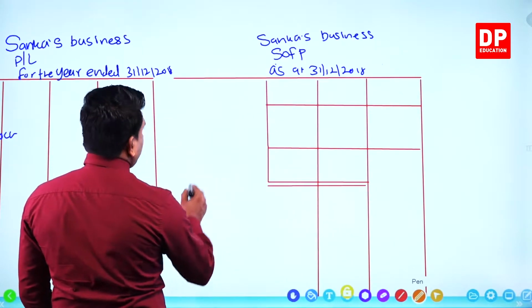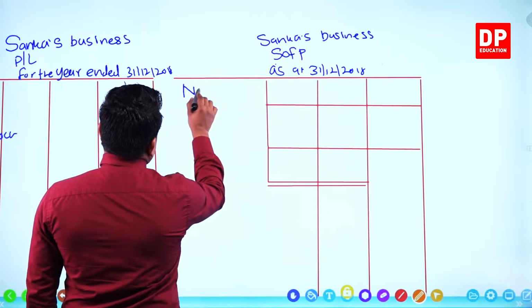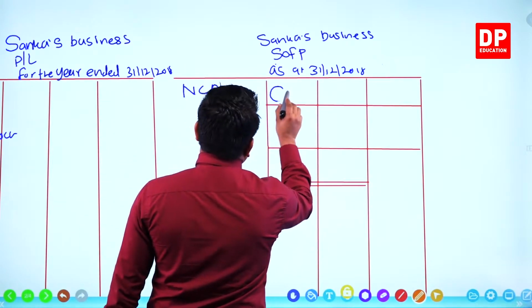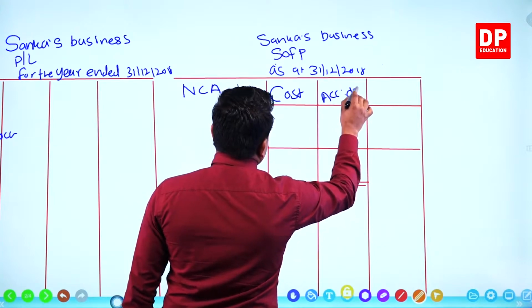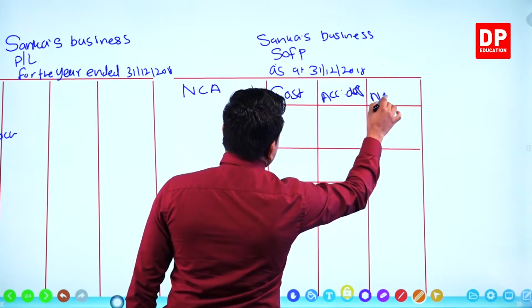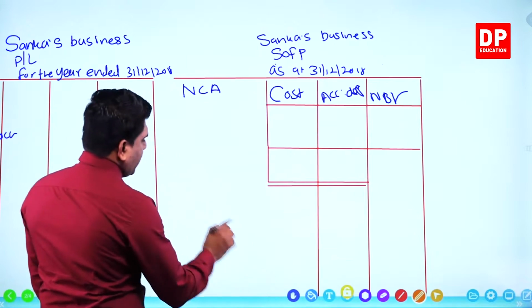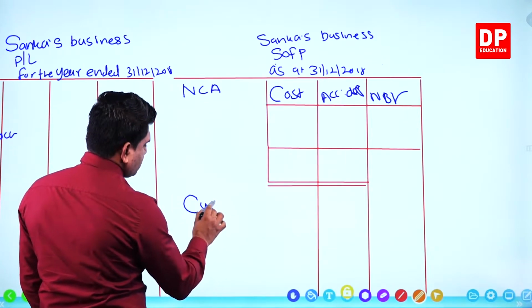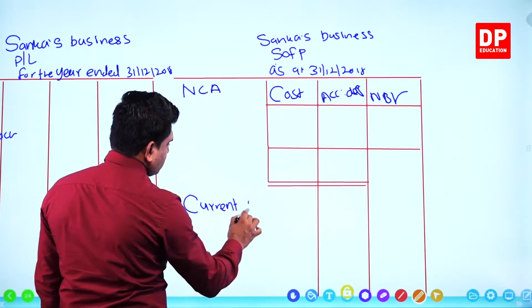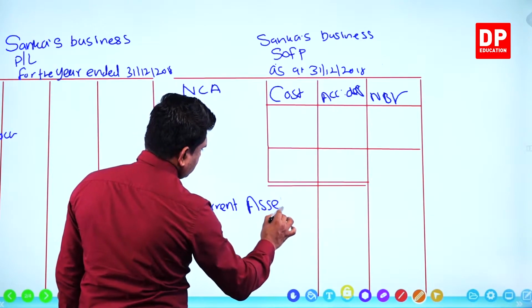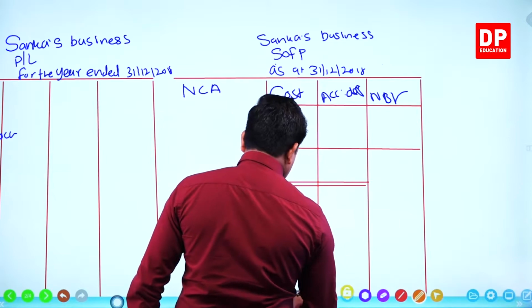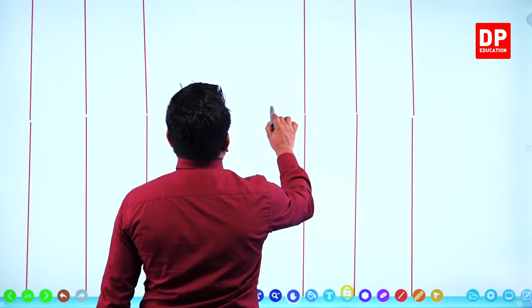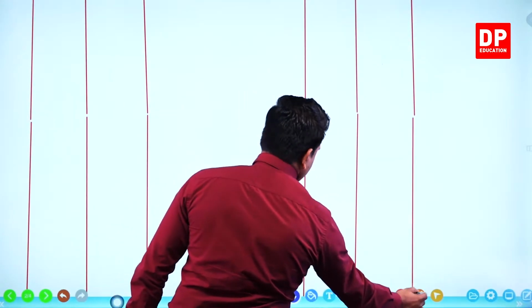Now we go to the statement of financial position to do the classification. Here we write non-current assets, right? Here cost, accumulated depreciation, net book value, right? Here current assets, right? Do you give enough space? Then current assets, okay. Then capital plus liability.